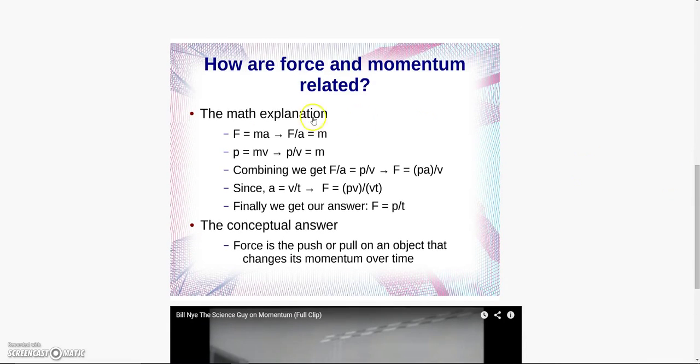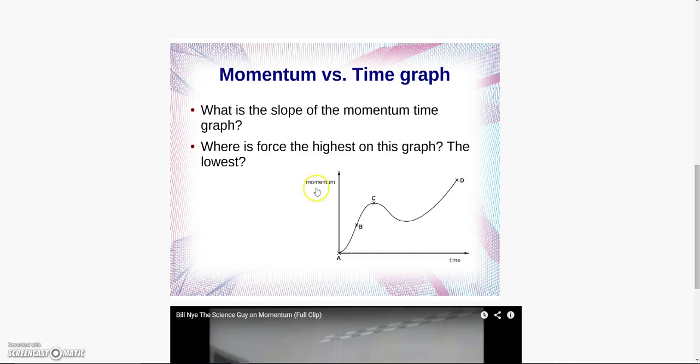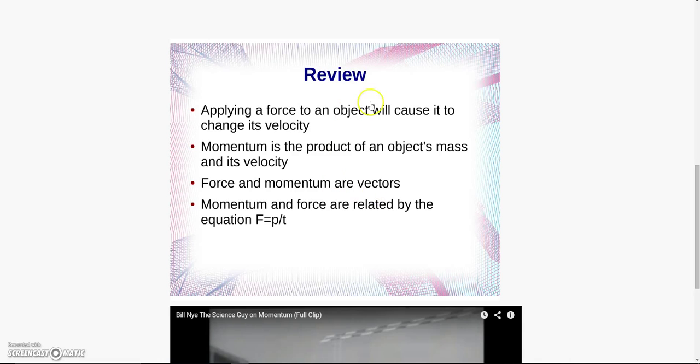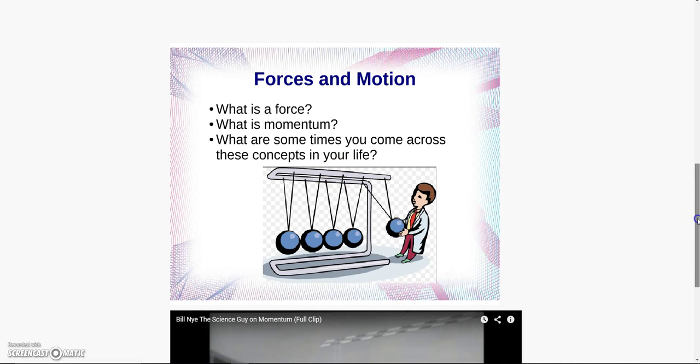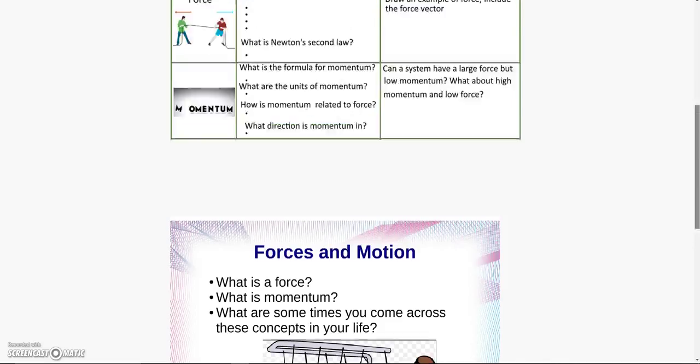Then I go into some more math here, and again I give a mathematical answer to how force and momentum are related, and I give a conceptual answer. Then I do a quick review, and that is the end of lesson 1.